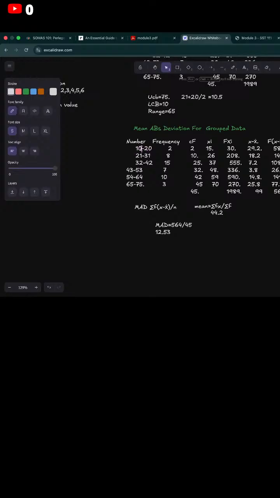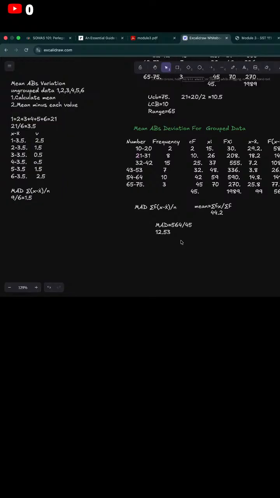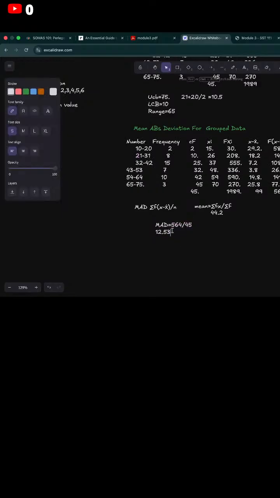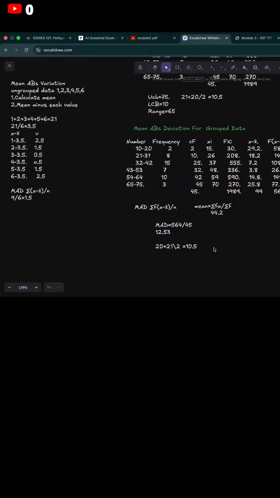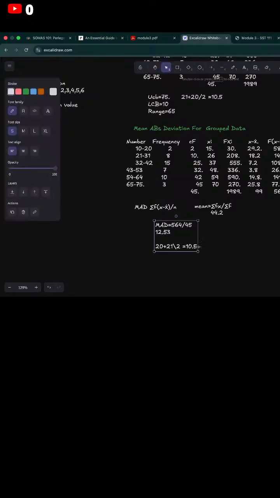First, for the class boundary, to know the gap between these classes, you do 20 plus 21, then you divide by 2, and you should get 10.5. So that is our boundary.